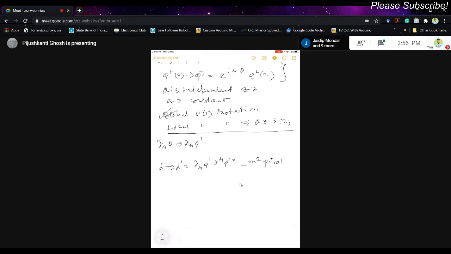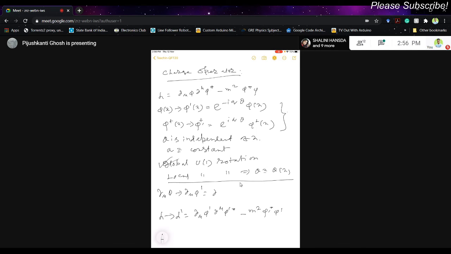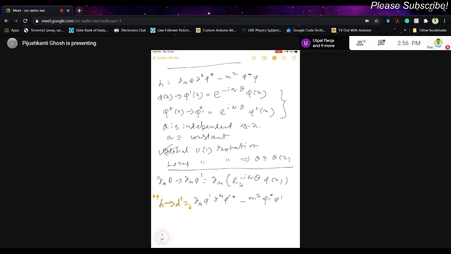Note this is an internal transformation, internal symmetry, so that's why there is no change in the coordinates. Equal to del mu of e to the power minus i Q theta phi x, and since theta is constant, Q is constant, so e to the power minus i Q theta del mu phi x. Okay.